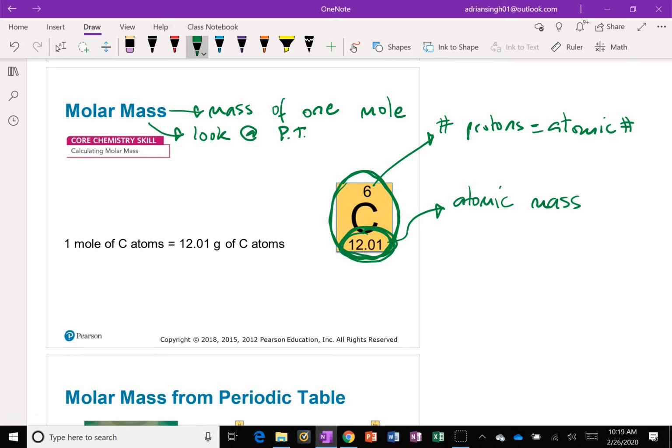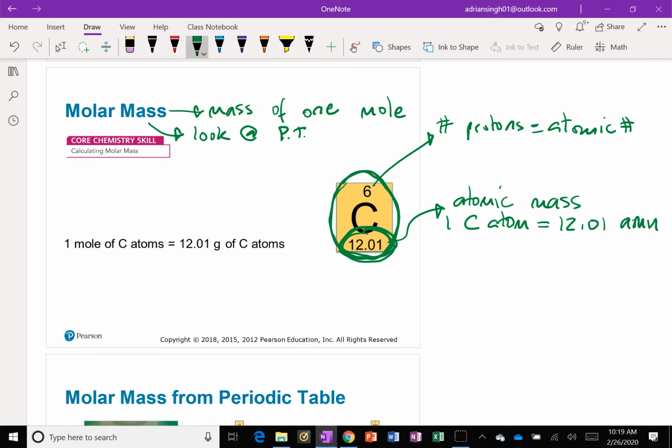So what that tells you is that one carbon atom has an average mass of 12.01 atomic mass units, right? Which is a really, really, really small unit for a single carbon atom. Do you work with single carbon atoms? Ever? That's impossible.